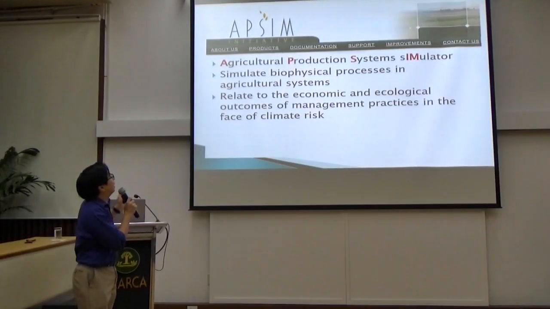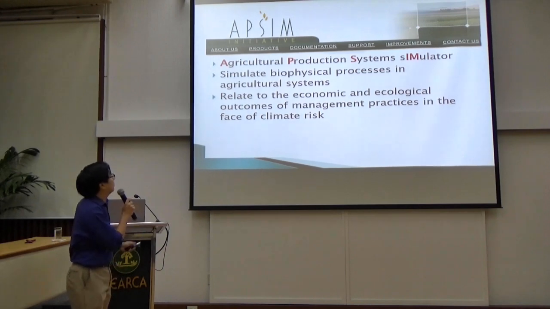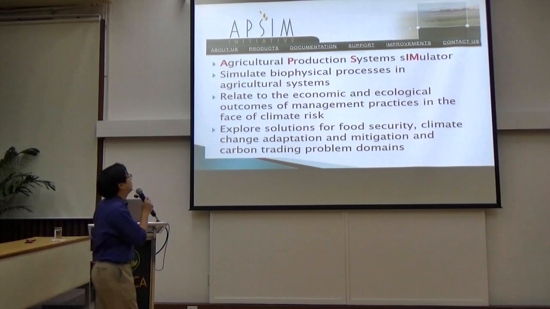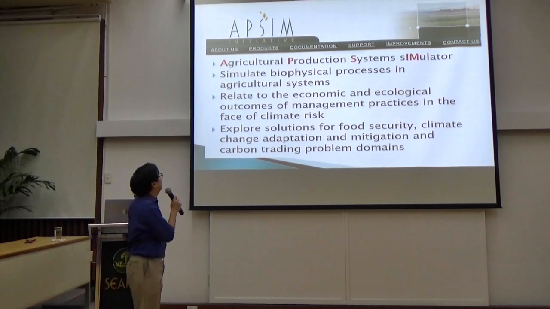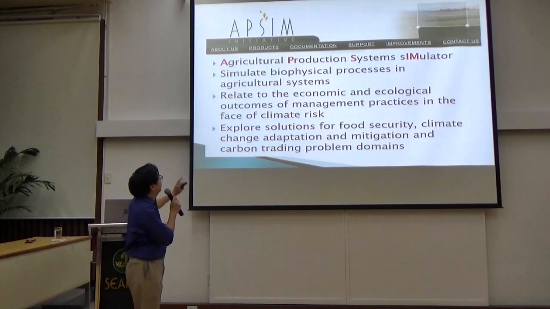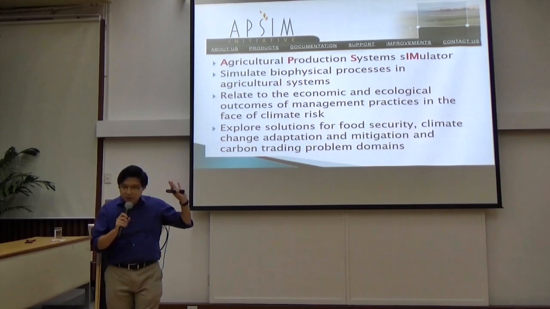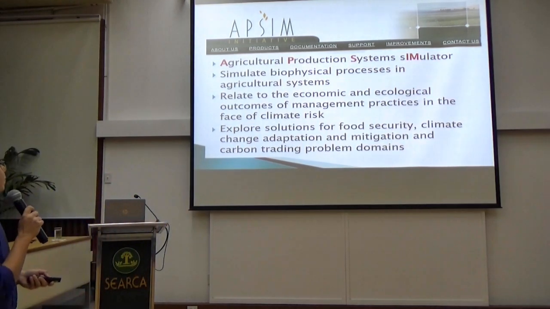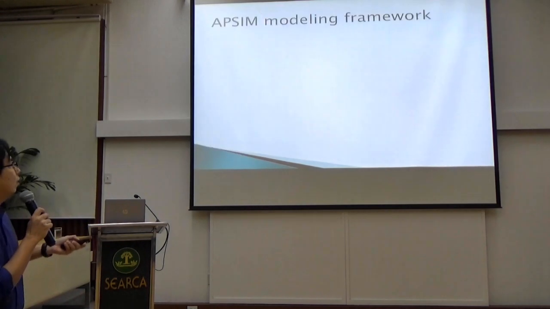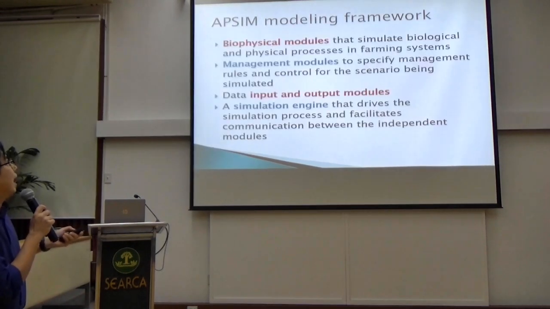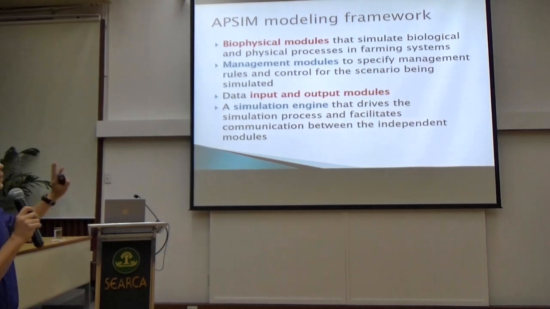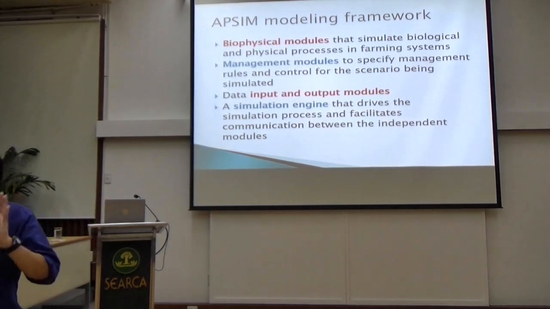So it simulates biophysical processes in agricultural systems, and you relate economic and ecological outcomes. Yeah, so basically these are the uses of a model. Okay? And so APSIM, you can look at it online. I'm talking of APSIM as an example. I want you to see what the model is.